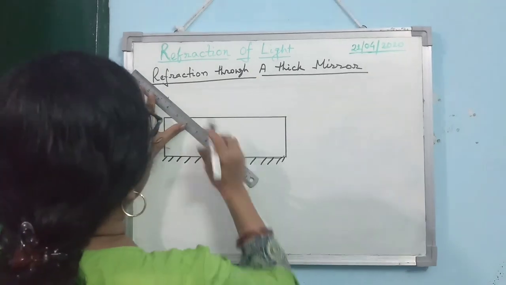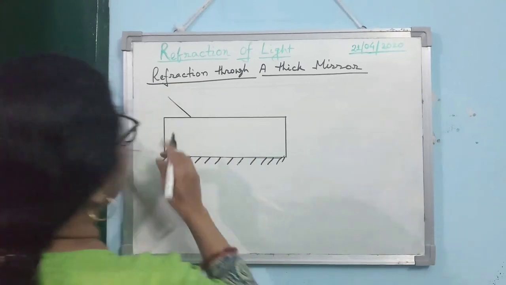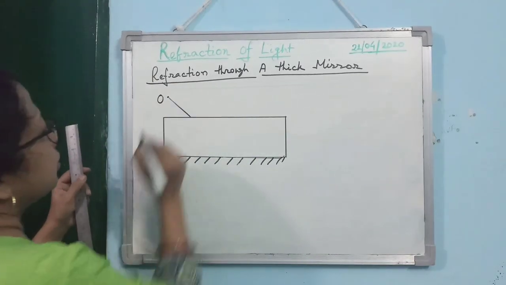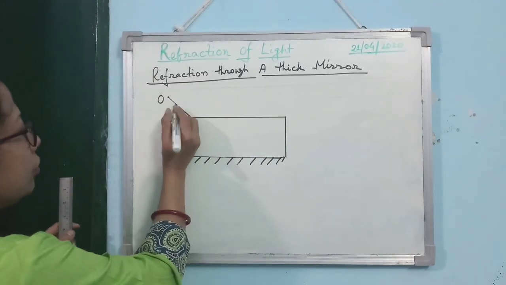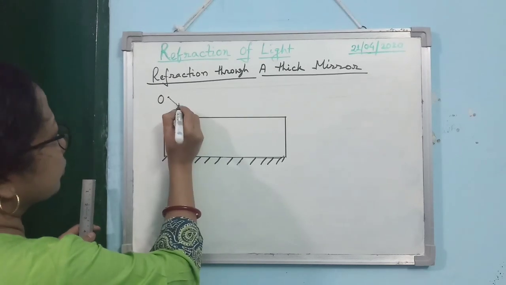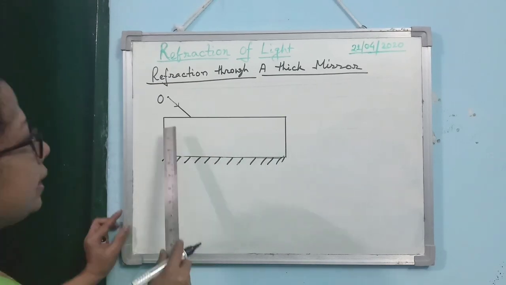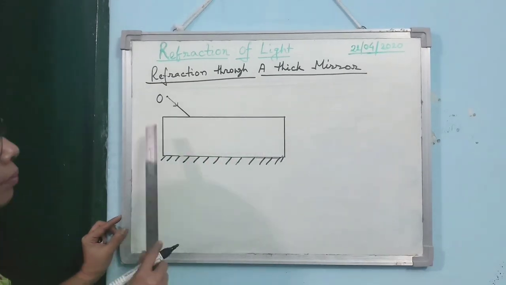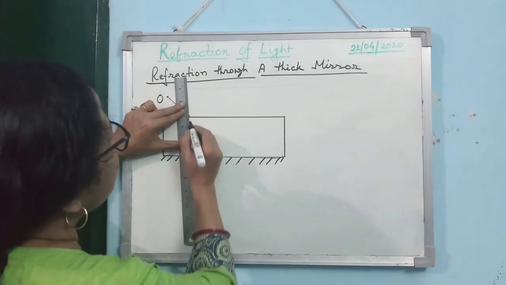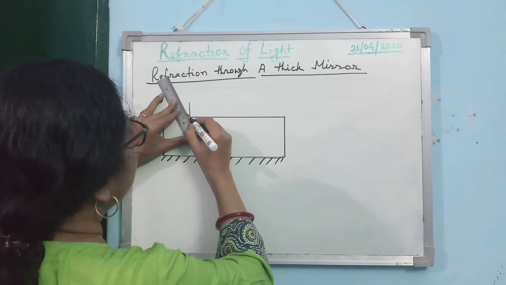So suppose a light ray is falling on the first surface. This is the point object, light ray is falling on the first surface. Now what will happen here? Here you see this is a refracting medium. Clear? Now what will happen? That light will refract here.